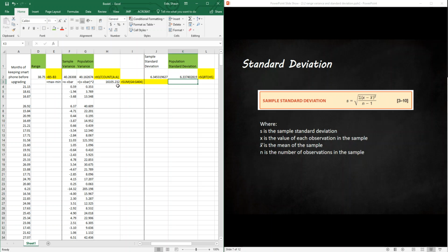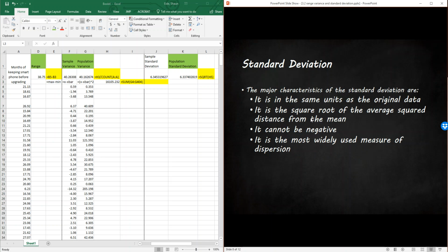And so we took a square root, and now that we took a square root, we are able to utilize that information in interpreting our data. So what does this actually do for us? So what is a standard deviation? The major characteristics of the standard deviation are that it's in the same unit as the original data. It's useful, it's meaningful.